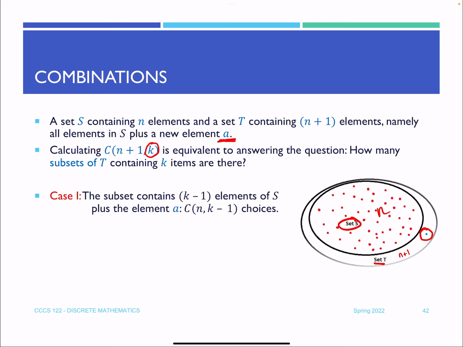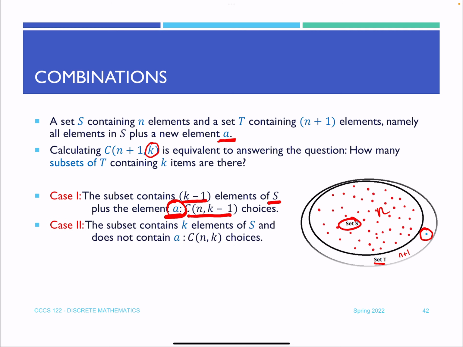And there are two ways to select a subset of T. One, basically choosing a subset of k minus 1 elements from S and then adding to it this new blue element A. And the answer to that is, of course, C(n, k-1). So basically choosing k minus 1 elements out of n and then having no choice but adding A to that. So this is how many choices we have to do that.